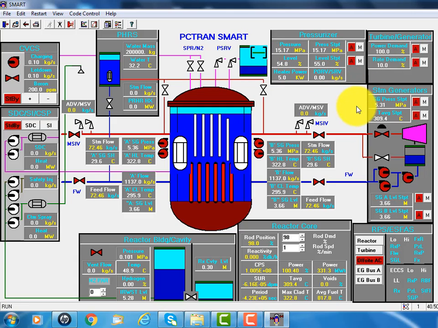The steam generator pressure is about 5.5 megapascal. It's different from the typical PWRs. The reactor pressurizer is inside the vessel on top of the core. And also the steam generators, once-through helical coil steam generators, there are 8 of them. We modeled them into 2.